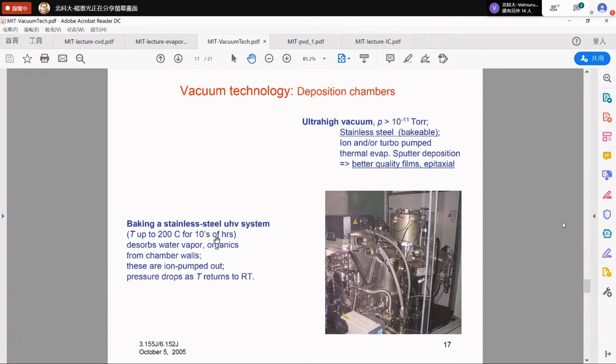Okay, and in that case, you will find that water vapor desorbs, and sometimes organics from the chamber wall can be removed. So baking is a tool to reach the ultra high vacuum.